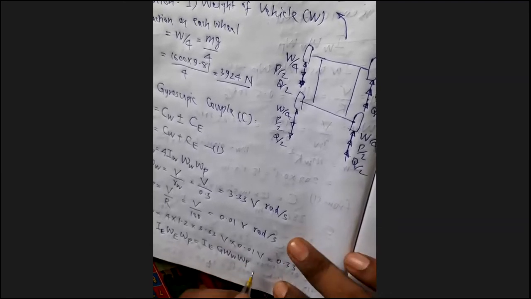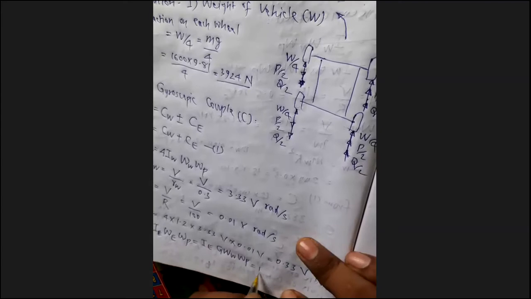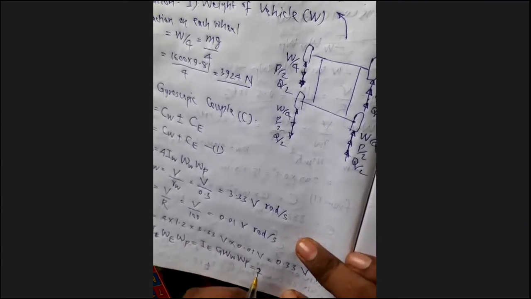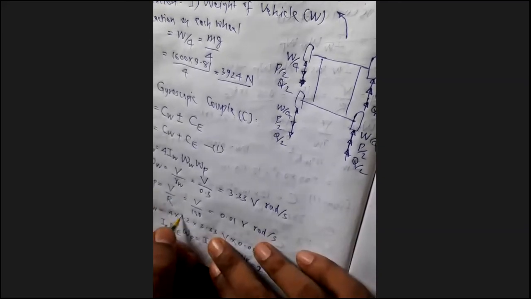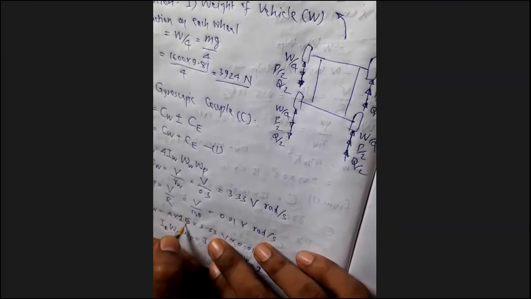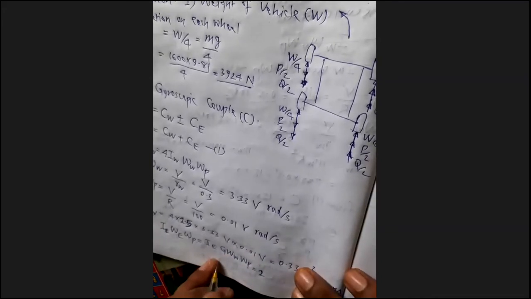Now let us write this value. Sorry, the gear ratio value was 2.5? Okay, this value was 2.5. Ie is 1.2.